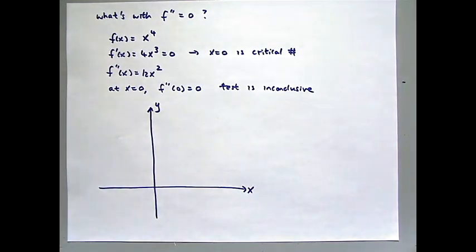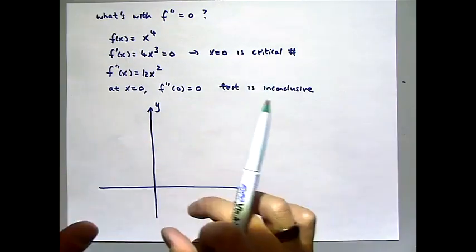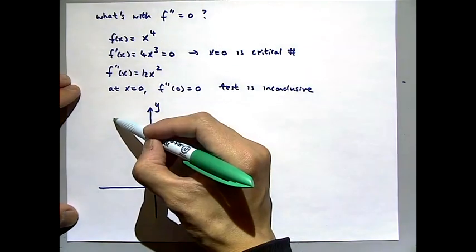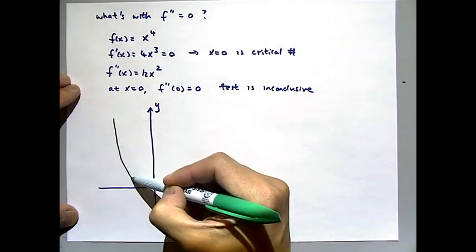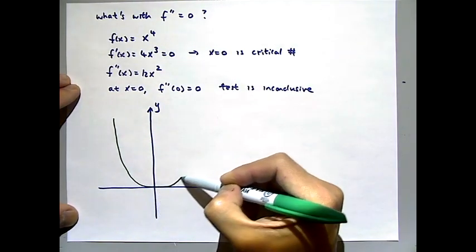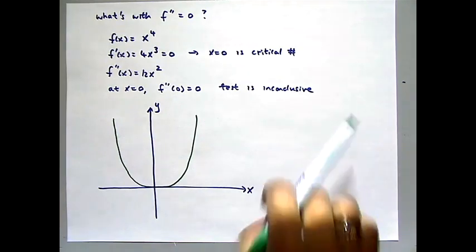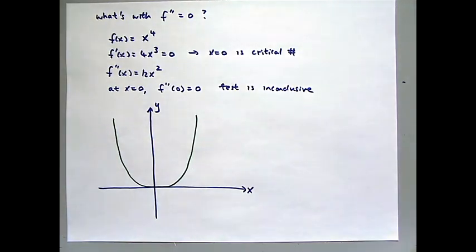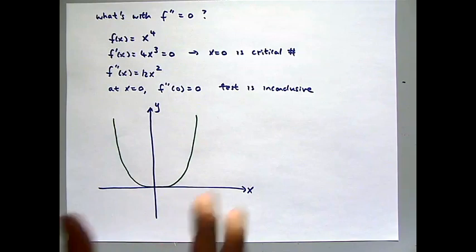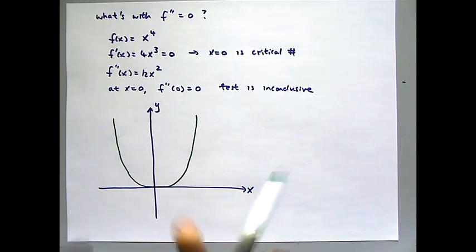If you have x to an even power, any even power, you always get a parabolic shape. X squared is a standard parabola. X to the 4th will look a lot like that, but it gets wider and wider, and the bottom gets flatter. So this will look kind of like that. And for x to the 6th, x to the 8th, the same shape will be kept, but the bottom here gets more and more flat.